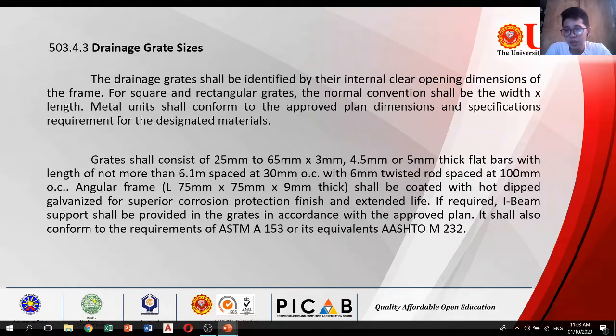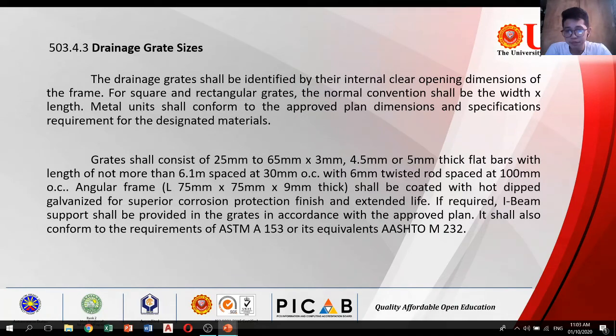So, grade shall consist of 25 mm to 65 mm by 3 mm, 4.5 mm or 5 mm thick flat bars with length of not more than 6.1 meters, spaced at 30 mm, with 6 mm twisted rod spaced at 100 mm.